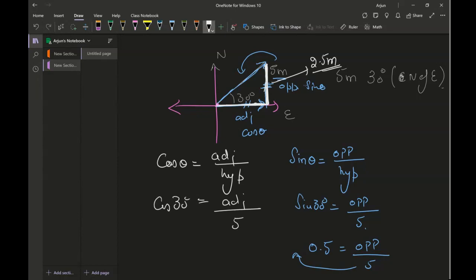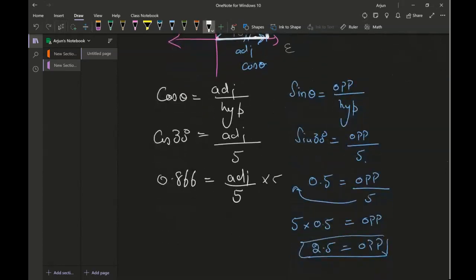Cosine of 30 degrees is 0.866. Again, I'll do the calculation on my calculator before writing it down. So cosine of 30, which is 0.866, equals adjacent upon 5.